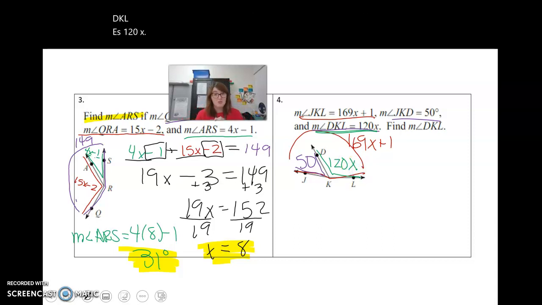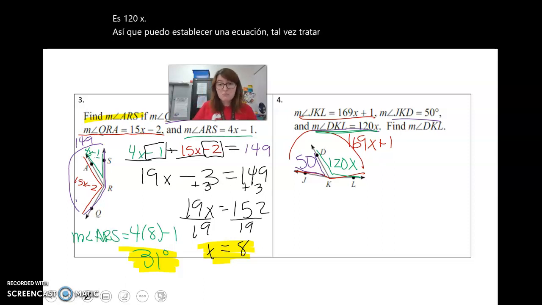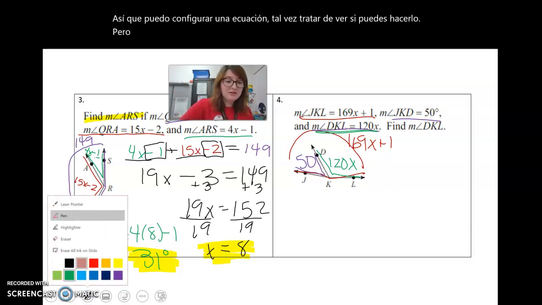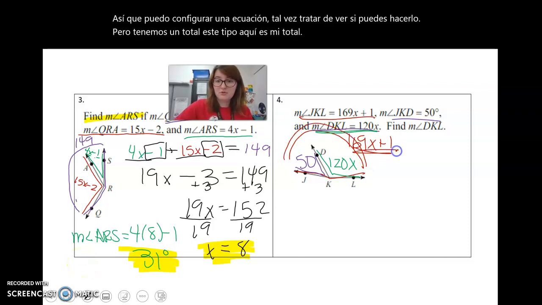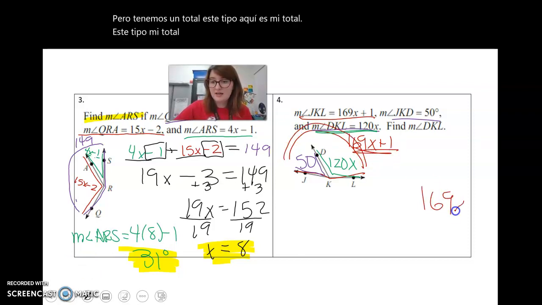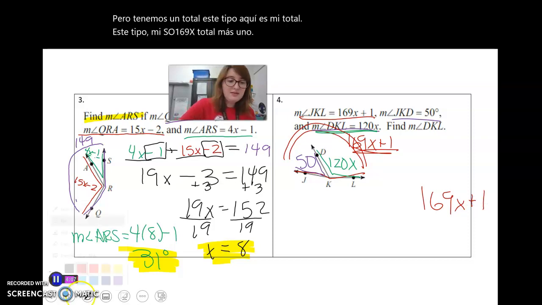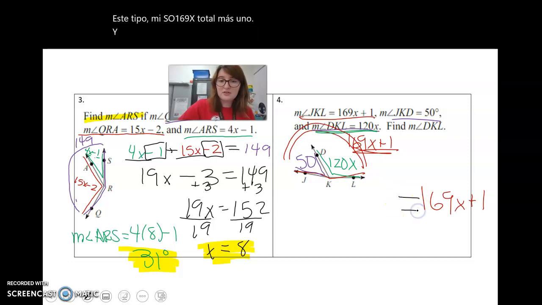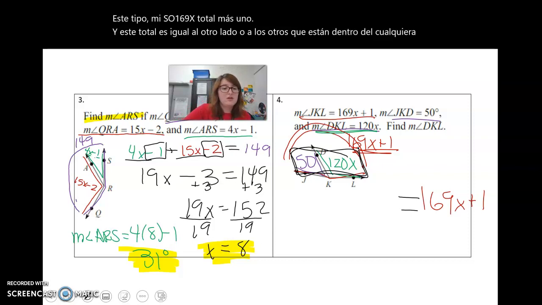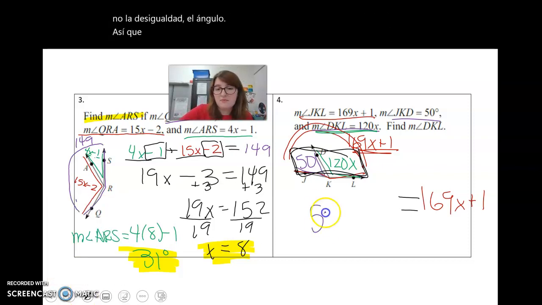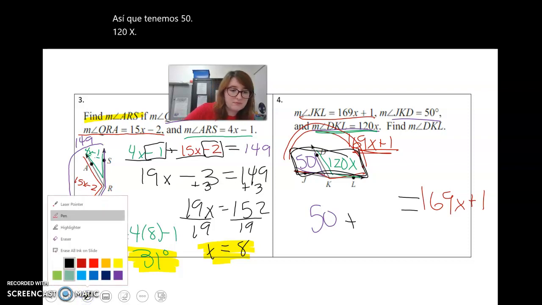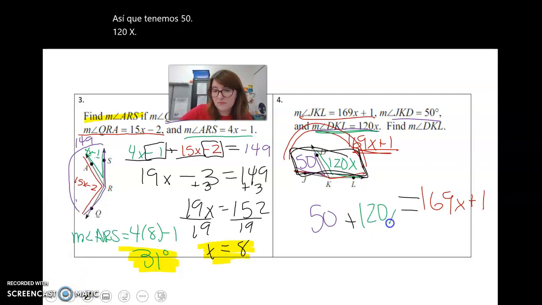So I can set up an equation. Maybe try and see if you can do it. But we have a total. This guy right here is my total, 169x plus 1. And this total equals the other angles inside the, not the inequality, the angle. So we've got 50 plus 120x, and that equals the total angle.